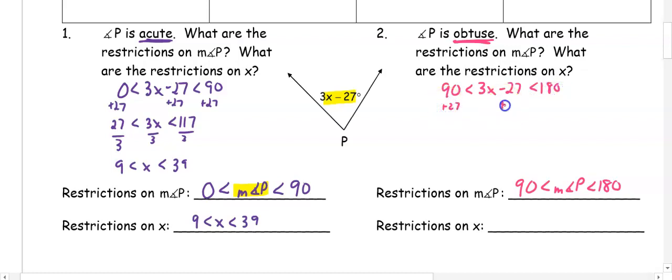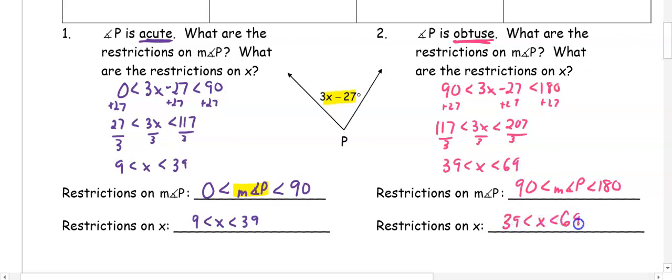Again, we're going to add 27 to both sides. So we get 117 is less than 3x, which is less than 207. When we divide by 3, 39 is less than x, which is less than 69. So x would fall between these two numbers to get us a measure of an obtuse angle if we were to sub an x value in.